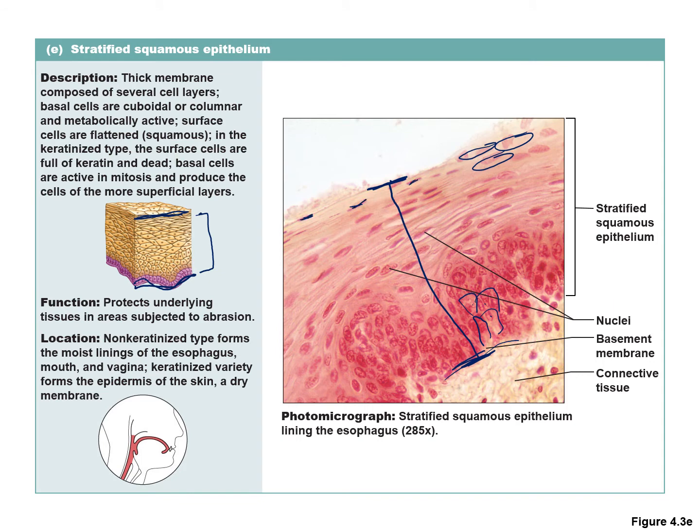That means that even the upper layer of the cells are living cells. That's why this one is non-keratinized. Now, this type of epithelium is good for protection, and because it's good for protection, you find it in areas subject to abrasion. So you will find it in the lining of the esophagus, mouth, and vagina. This is all the area that's subject to abrasion. And then keratinized will form the epidermis of your skin.